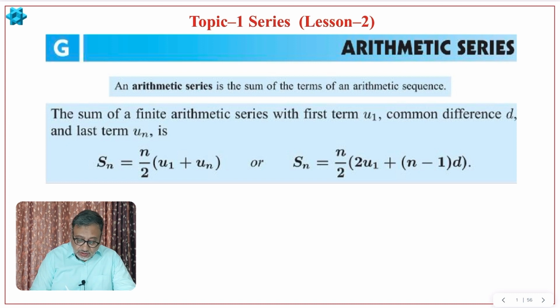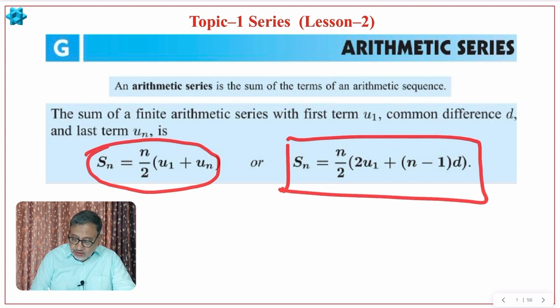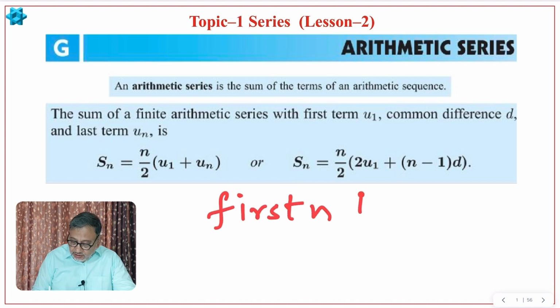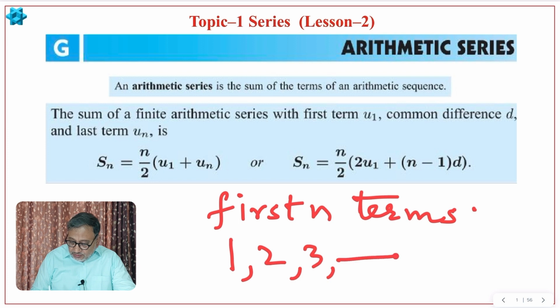Okay, so look here, this formula we have already seen. Sn is equal to n by 2 into bracket 2u1 plus n minus 1 d, where n is how many terms there are. I told you yesterday I will tell you about the first n terms. First n terms means starting from the first term, second term, third term, and then the nth term.